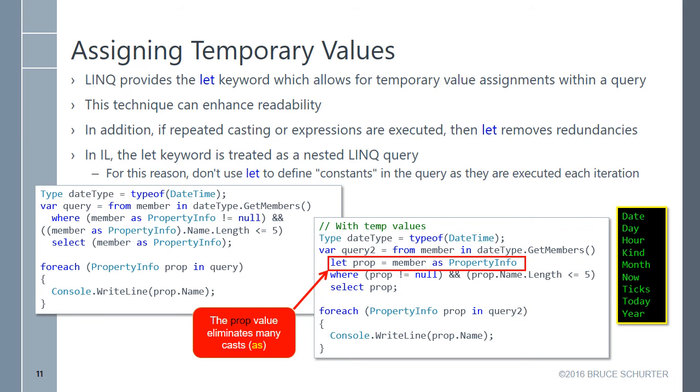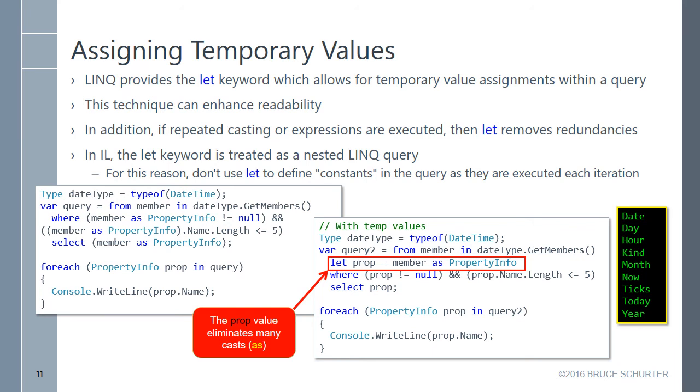So member as PropertyInfo returns null if in fact the member that we're looking at is not a PropertyInfo. So this will filter out all of the other things like methods, events, and fields that we're not interested in. So if we do have a PropertyInfo, then we want to make sure that the name is less than or equal to 5.